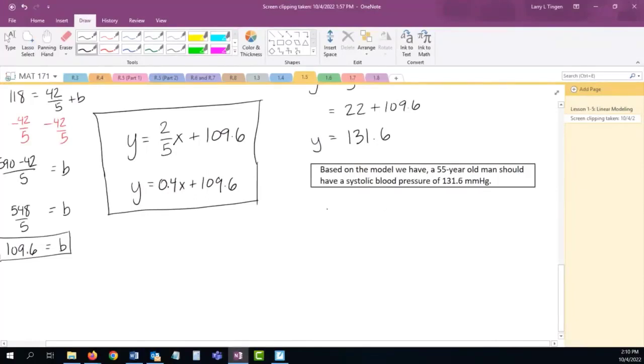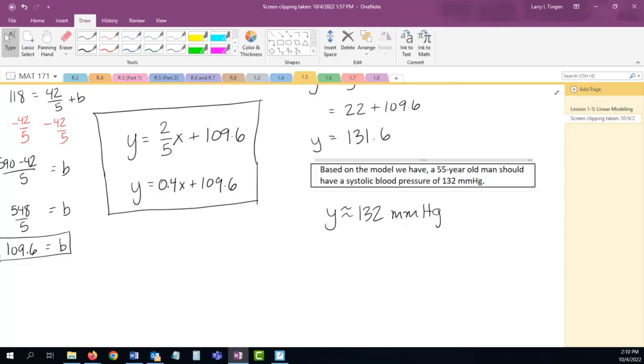So I would round y to 132 millimeters of mercury if I'm following the directions. So 131.6 would become 132. But I try my best not to round in the steps along the way.